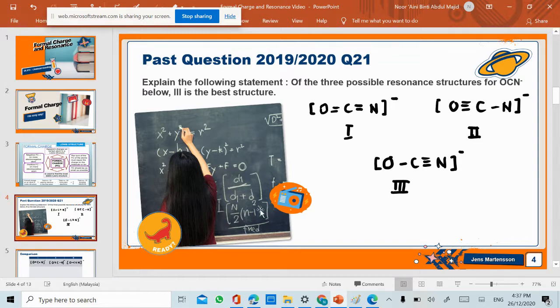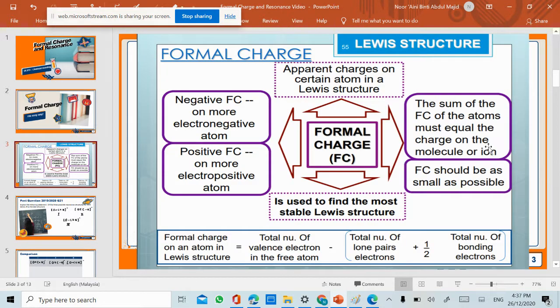Right. If we go back to the requirements or the characteristics of the most plausible structure, the most accurate, the most logical: number 1, the formal charge should be as close to zero as possible. If we can get 0, 0, 0, that means every single atom in the substance has a formal charge of 0.